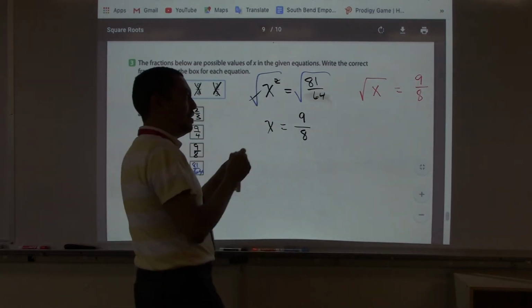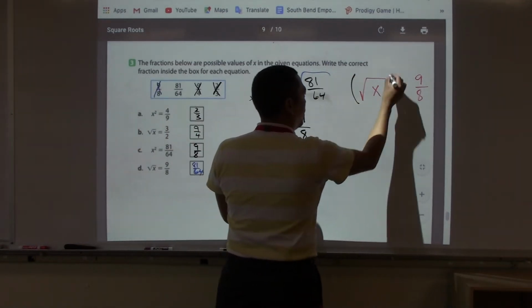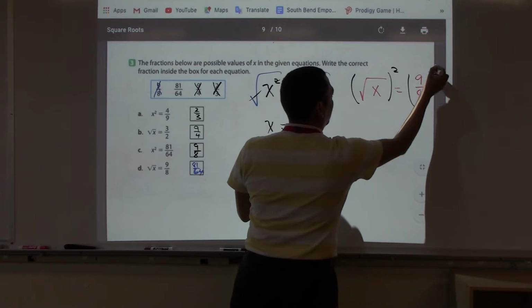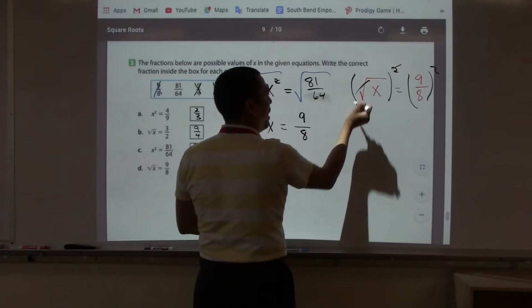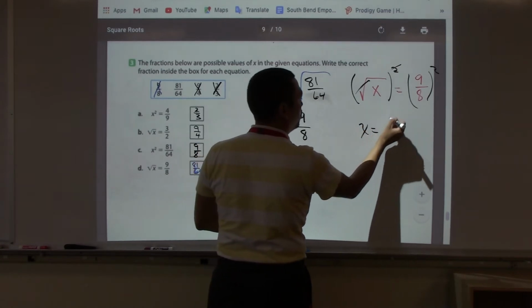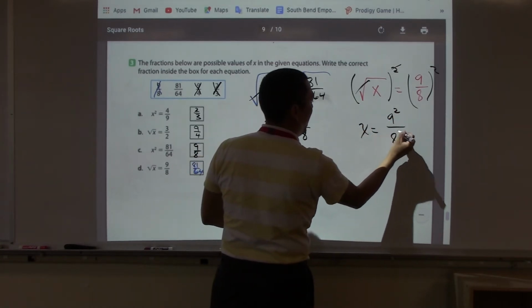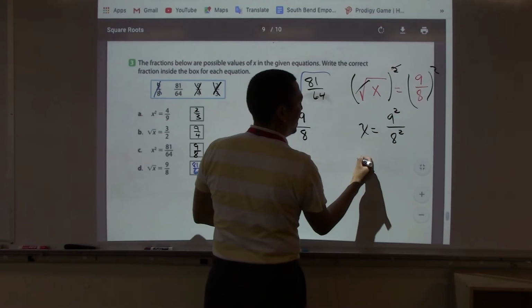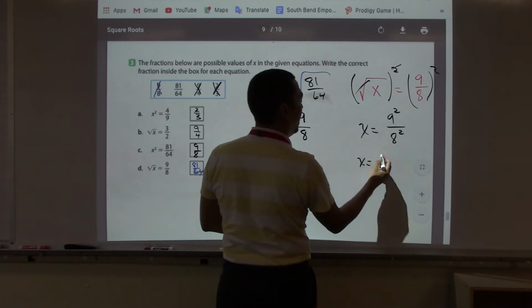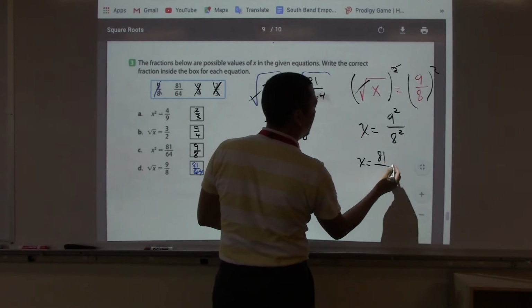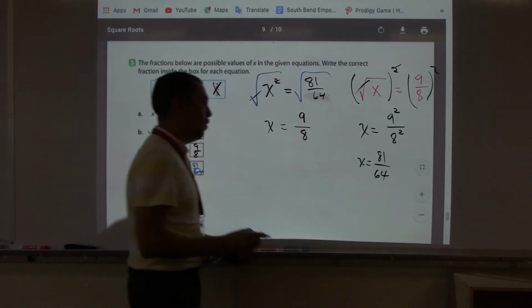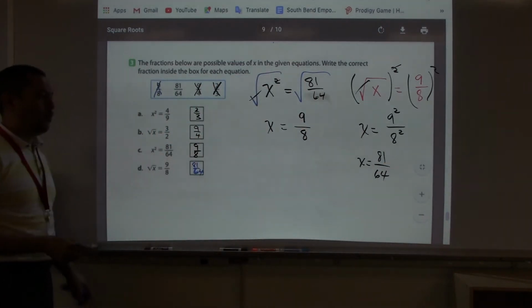And if you elevate this to the second power, you do it on both sides. So it's the opposite of the square root. So these two go away with the radical. So you have x equals 9 to the second power over 8 to the second power. So x is equal to 9 times 9, 81, and 8 times 8 is 64. So 81 over 64 is your solution.